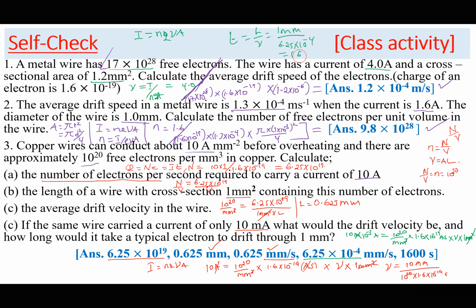And I think this should give you 1,600. Let me check it again. 1 divided by 6.25 exponent minus 4. So it is 1,600. So you can do your working systematically and check if the answers are correct.